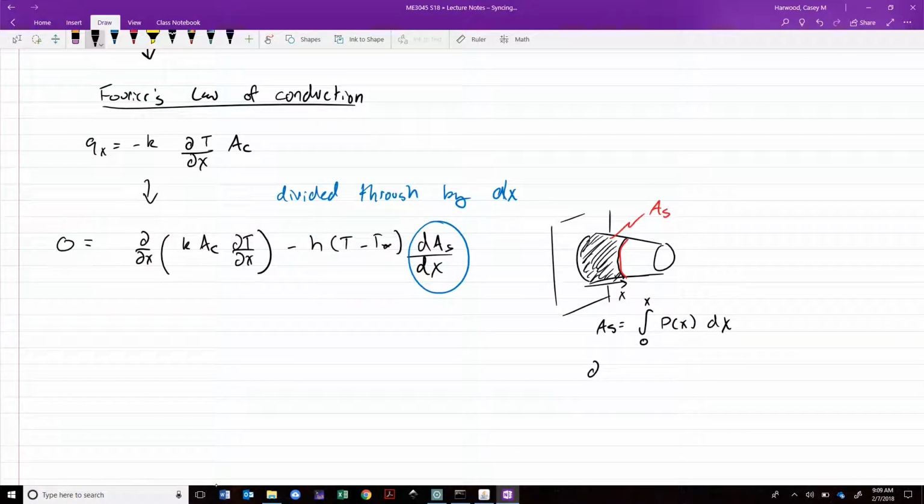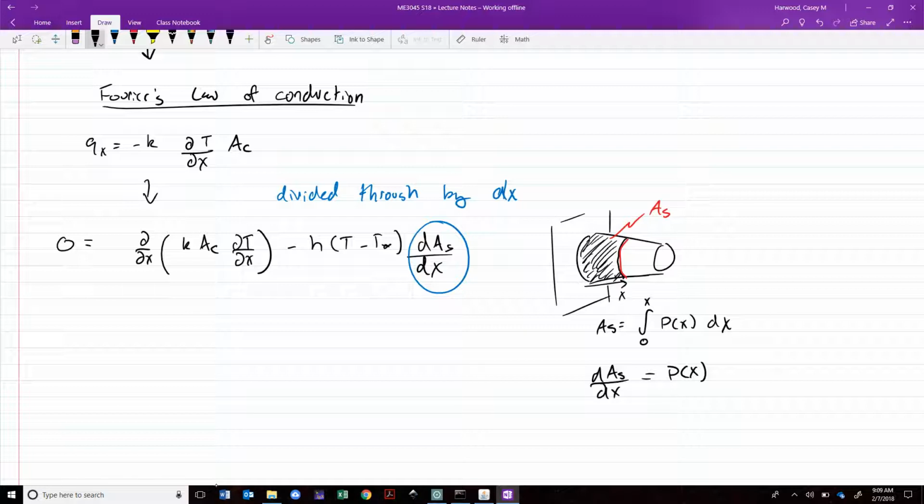So taking the derivative with respect to x gives us the local perimeter of that fin. In this case, it's just the circular perimeter. We're going to leave it as P, though, because this is valid for any other shape. It can be a circle, an ellipse, a rectangle, what have you.